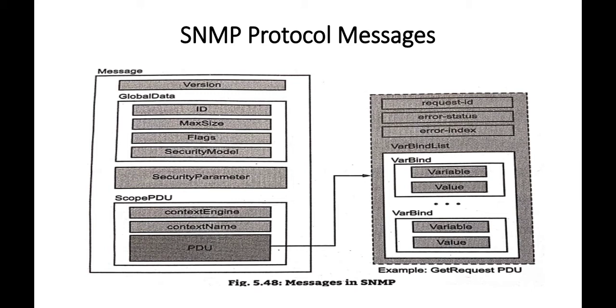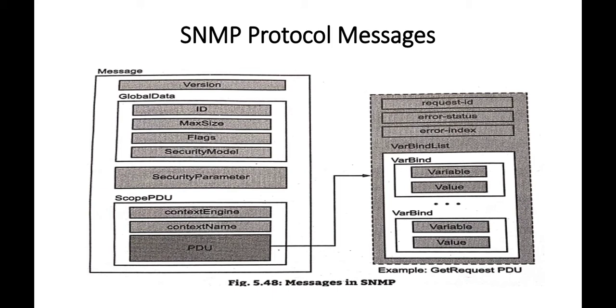In the diagram you can see that the message contains the version, then global data, which contains ID, max size, flags, security model, then security parameters. And the scope PDU, nothing but the protocol data unit, involves context engine, context name, and PDU.